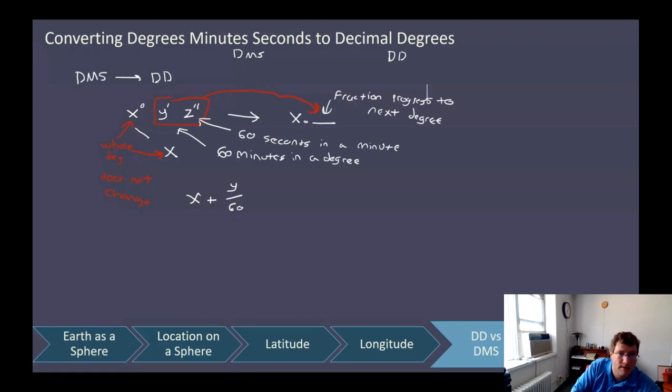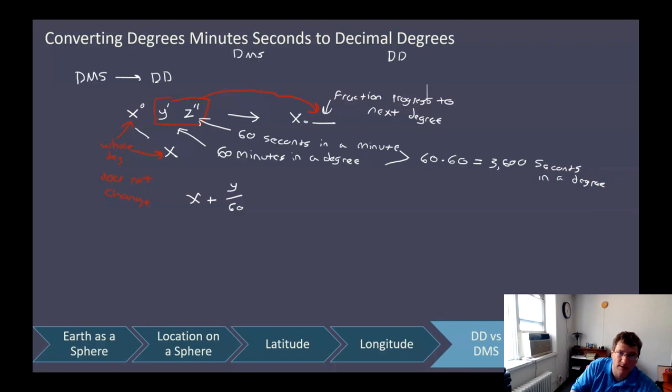So if there's 60 seconds in a minute and 60 minutes in a degree, we can combine these two pieces of information: 60 times 60 means that we have 3,600 seconds in a degree, because 6 times 6 is 36.